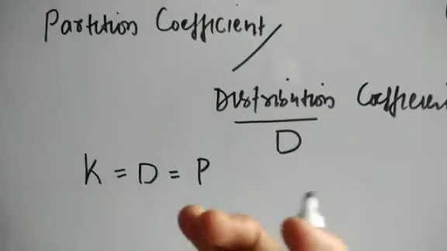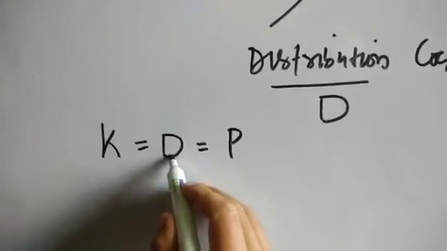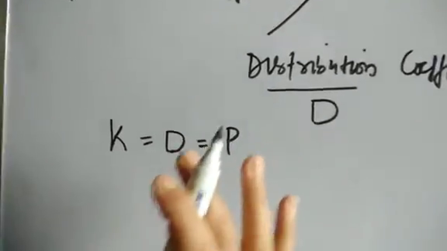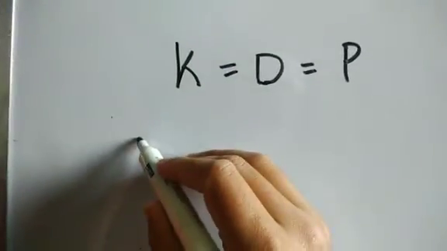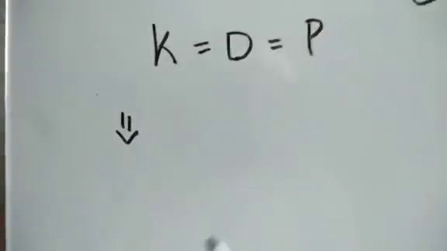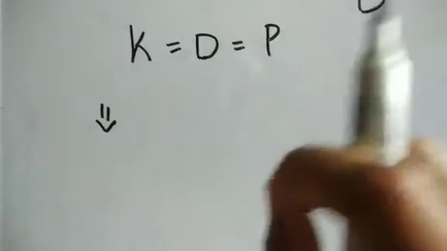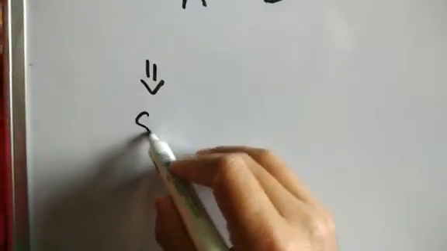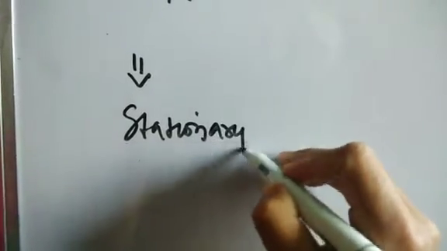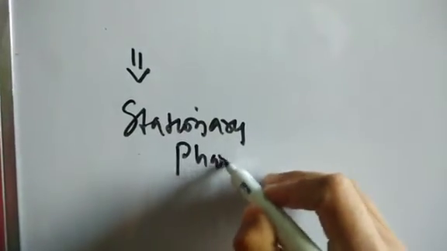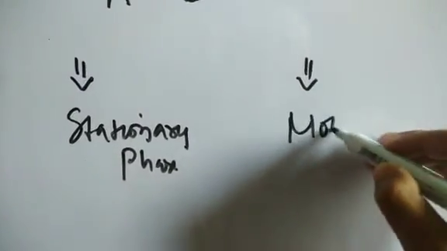Now this is a very important coefficient on the basis of which we decide which stationary phase to use, number one. So on the basis of this partition coefficient for a given chemical species, for a particular component, depending on the type of partition coefficient, we can use our stationary phase, or we can decide the mobile phase in a chromatographic system.